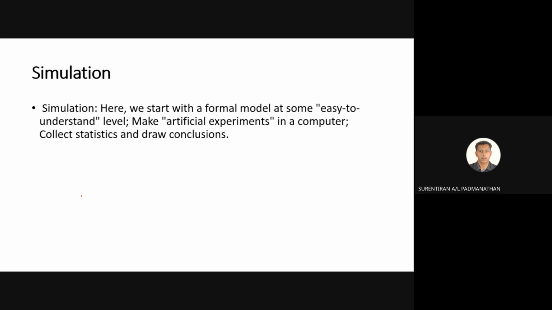There might be some mistakes in your simulations. So you need to modify it. Then after that, you need to compare it back with the real product. So here we start with a formal model at some easy to understand level, make artificial experiments in a computer, collect statistics and draw conclusions.